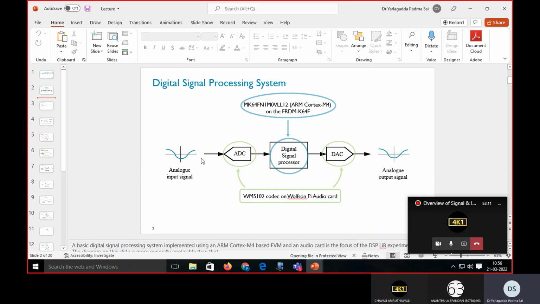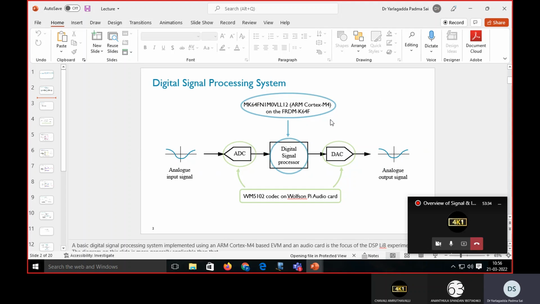Here we directly kept the ADC, but generally you first have the anti-aliasing filter, then sample and hold. After sample and hold, you pass through the ADC, which converts into discrete, and that signal is processed in the digital signal processor, and afterwards the DAC.